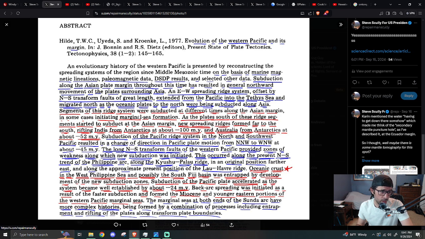Segments of this ridge system were subducted at different times along the Asian margin, in some cases initiating marginal sea formation. So that's kind of odd. Like, bloop, bloop, bloop. It didn't just subduct uniformly.